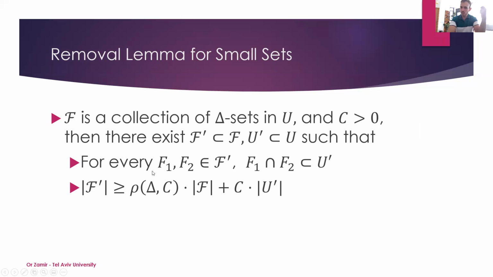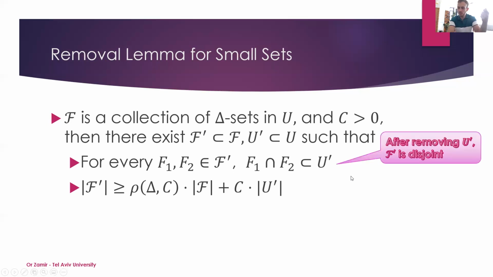So the first condition is that for every two sets in the subcollection, for every F1 and F2 in F prime, the intersection of these two sets is completely within this subset of the universe U prime.